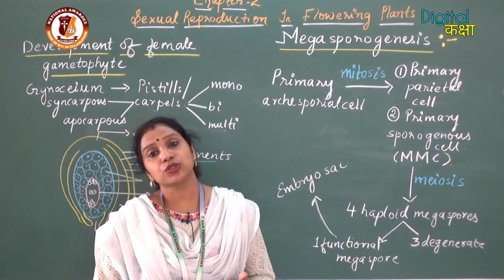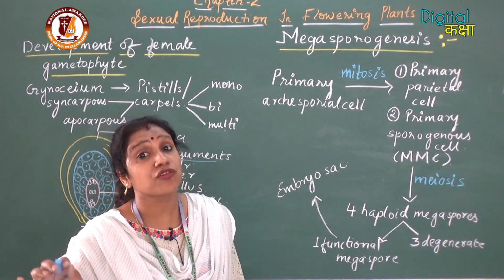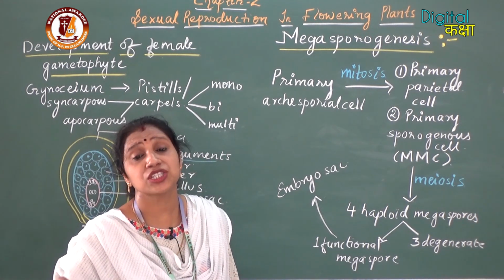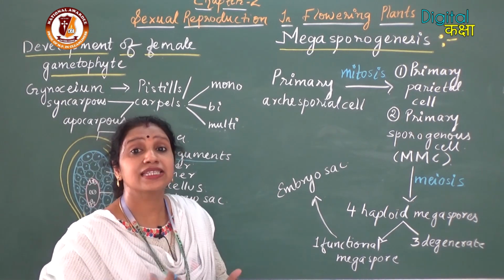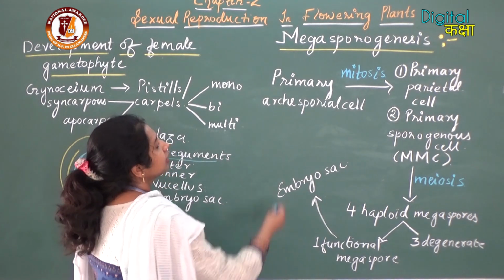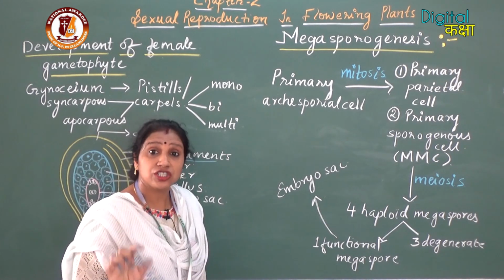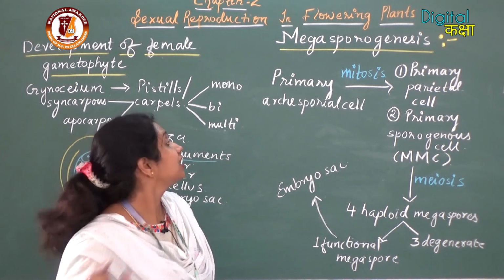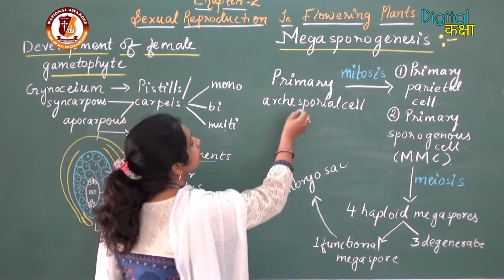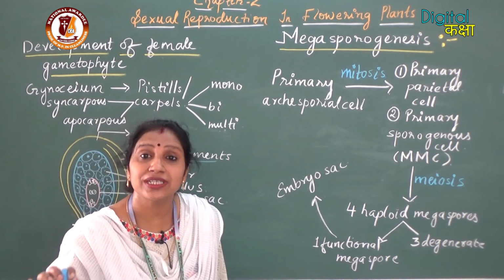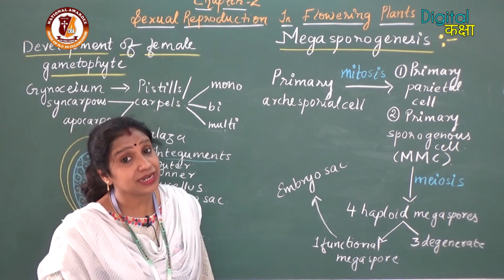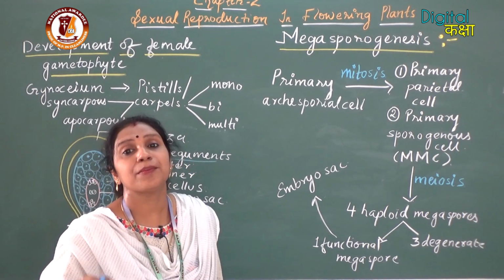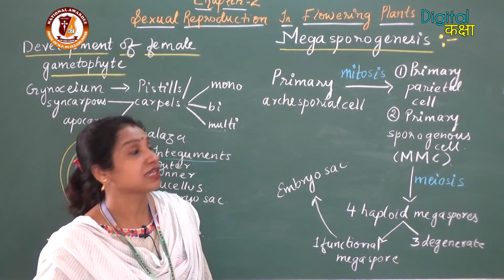I have already told you that one of the cells of the nucellus becomes specialized to form the megaspore mother cell. Let us see how it occurs. Now, one of the cells of the nucellus which is near to the micropylar end will act as the primary archesporial cell. This primary archesporial cell is going to form the megaspore mother cell.